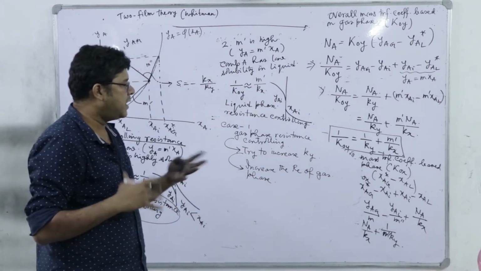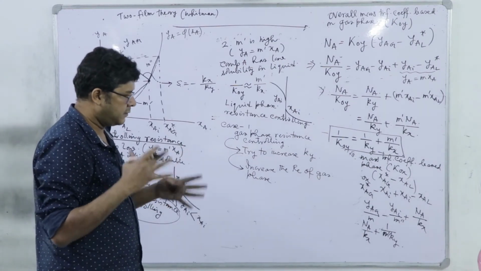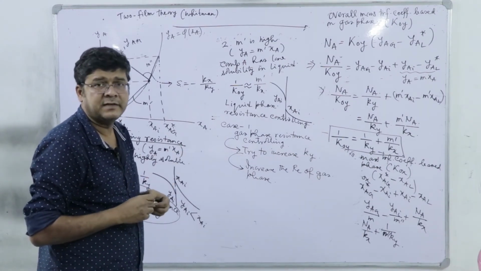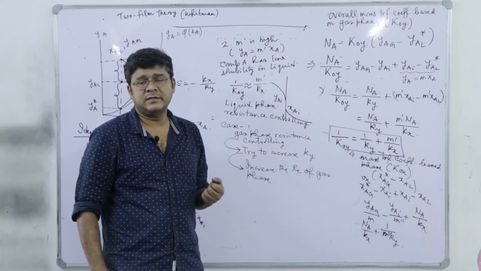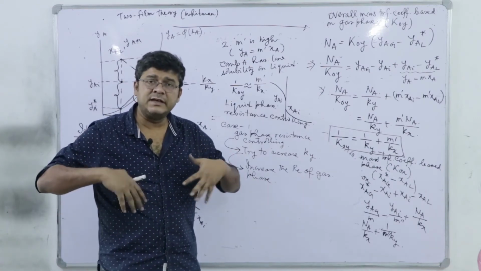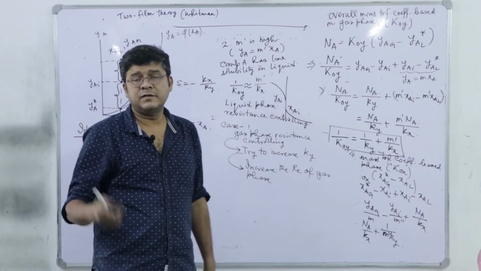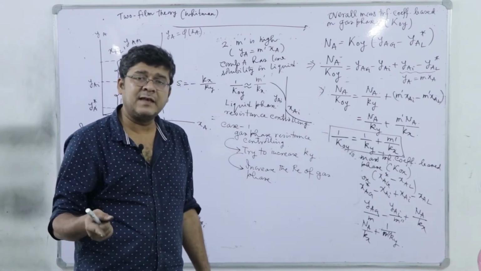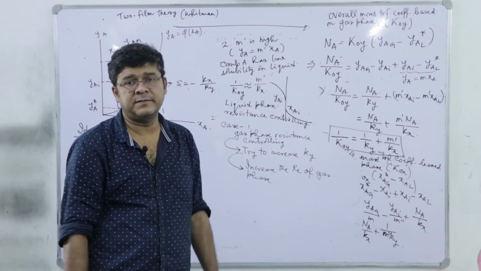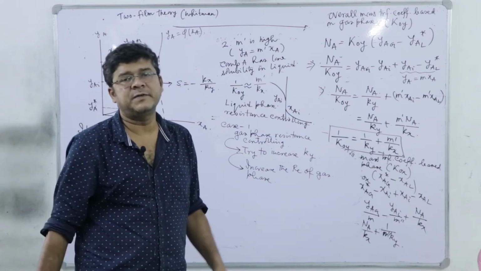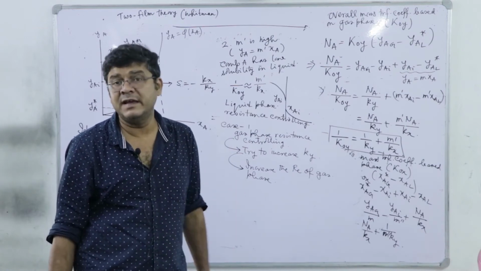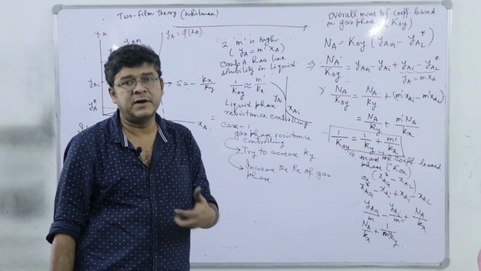Now, you see, whenever you are having a contact of the two phases, in industrial situations, we have to generate a huge interfacial area. So, definitely one of the phase must be dispersed in another phase, right. It may be gas dispersed in liquid or liquid dispersed in gas.